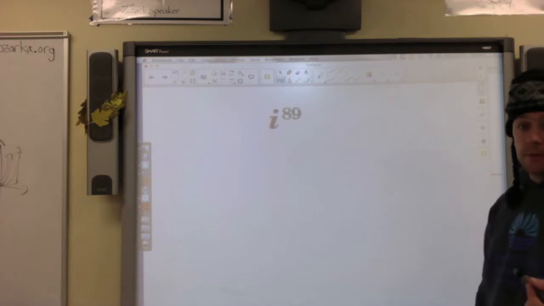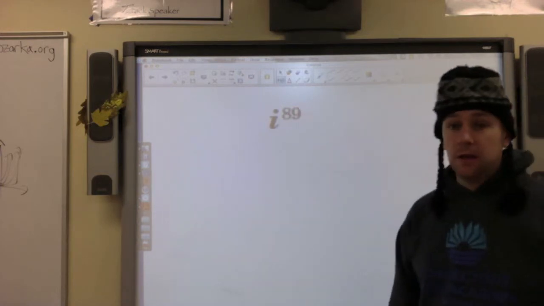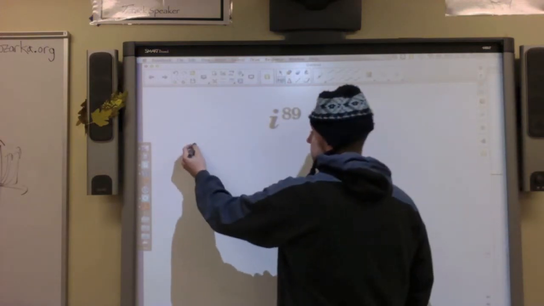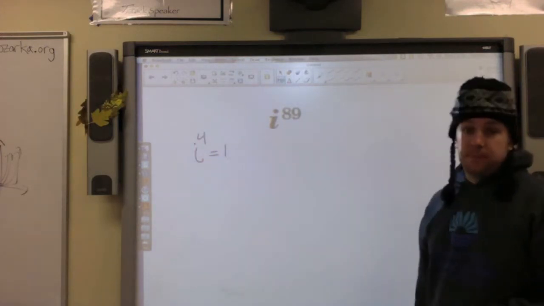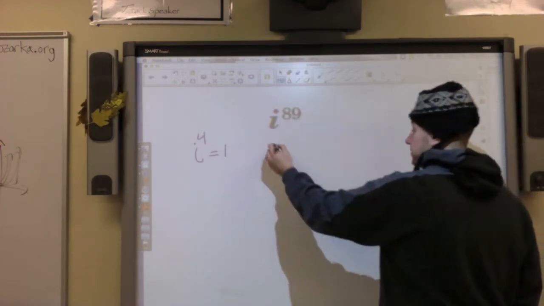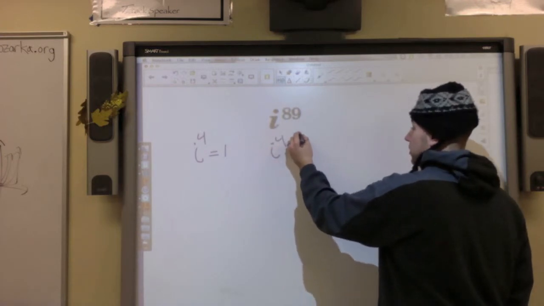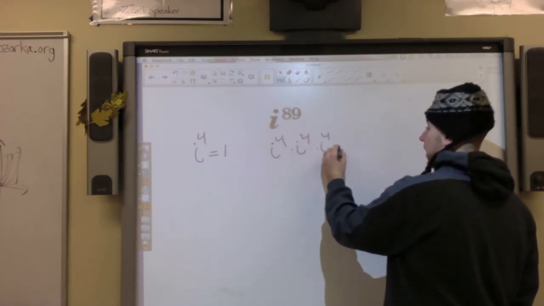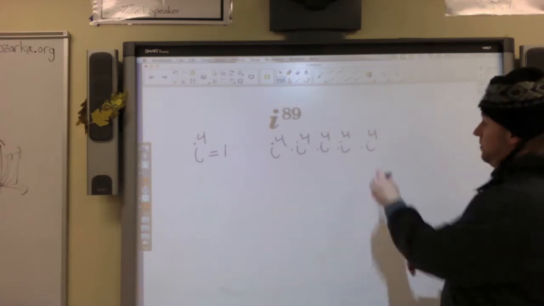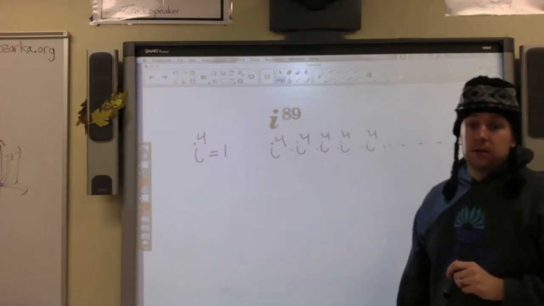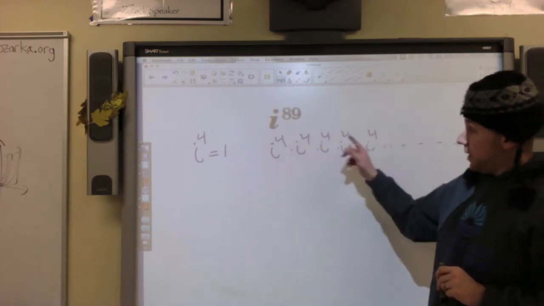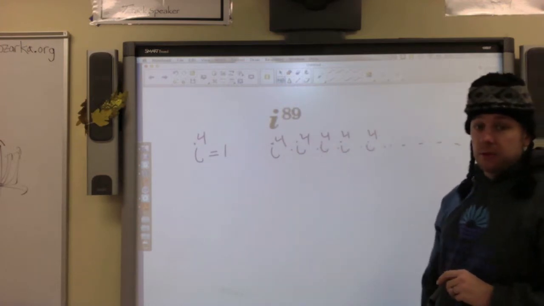I use the same principle when dealing with big exponents like this. Now, the property is i to the fourth equals 1. So really, we're taking this i to the 89th and breaking it into a whole bunch of i to the fourths multiplied together. There's going to be more than 20 of them, so I'm not going to write those out. But each one of these i to the fourths is going to be 1.